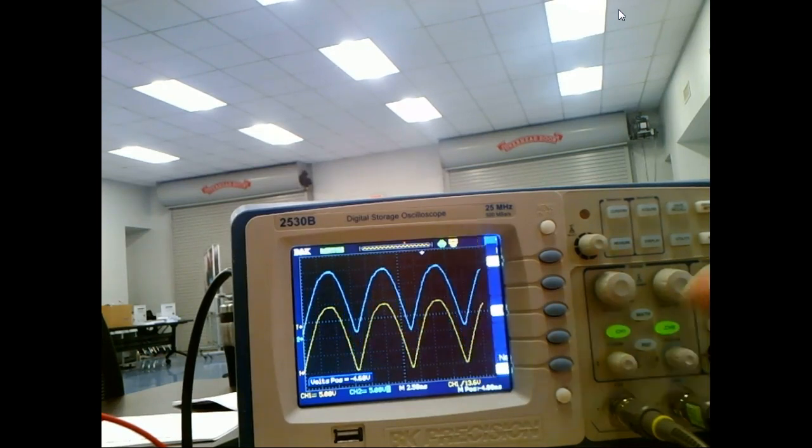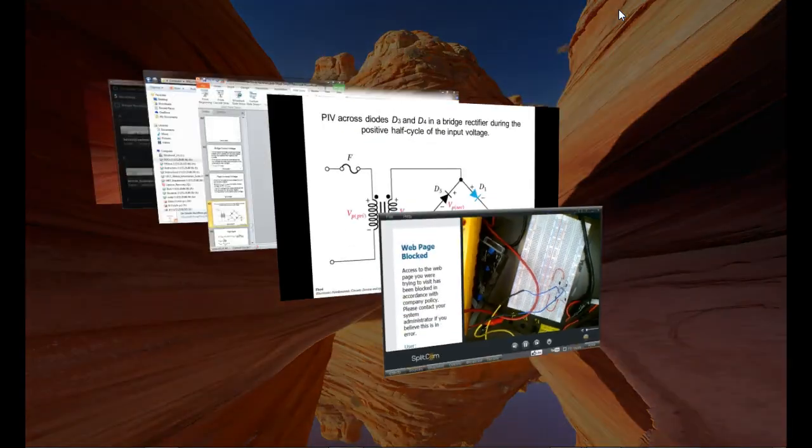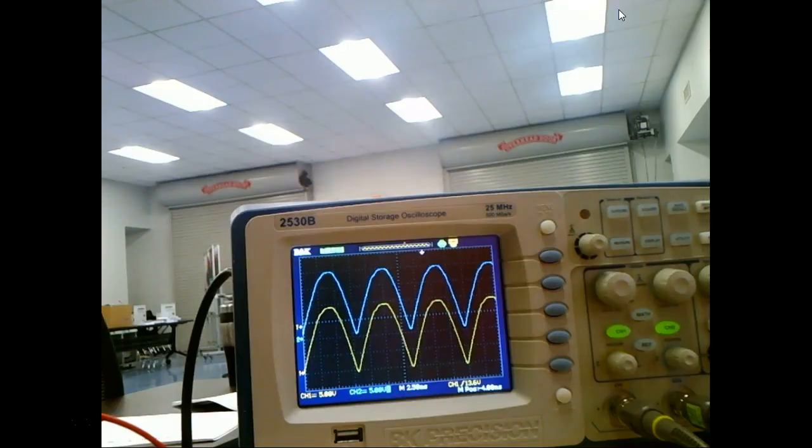Oops, wrong thing. This is supposed to be across the transformer. Can't do that. We can't measure across the transformer. Can somebody tell me why? I can't measure across the transformer with my oscilloscope.